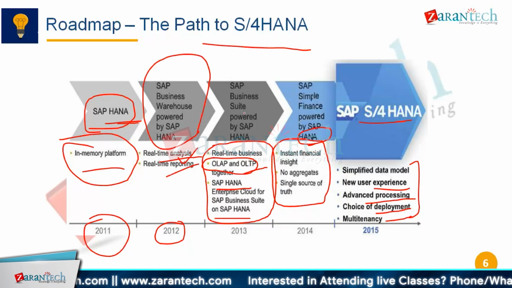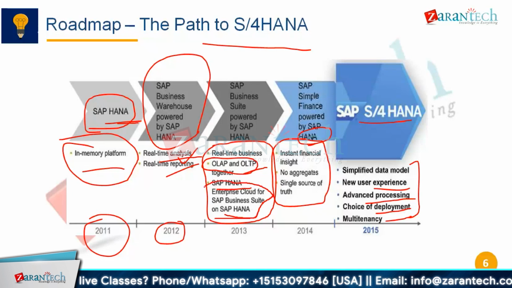SAP Business Suite powered by SAP HANA, real-time business, OLAP and OLTP, online analytics and online transactions together. Okay, OLAP and OLTP. Then SAP HANA Enterprise Cloud for Business Suite on HANA. So they released the cloud version as well. SAP Simple Finance powered by SAP HANA, instant financial insights, no aggregates, single source of truth.